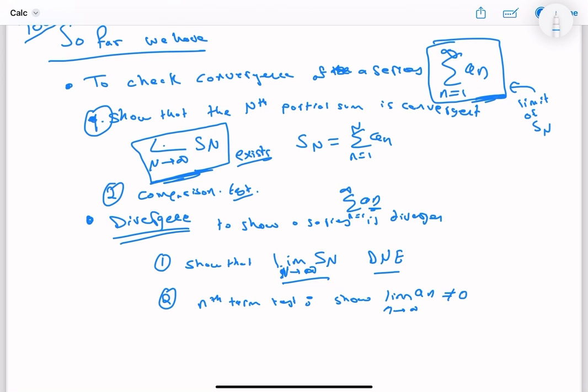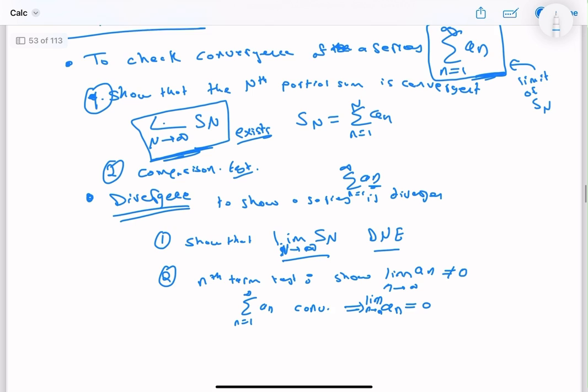The next tool we had for checking divergence was what we introduced in the last video, which is the nth term test. The nth term test says that if the series sum of an from n equals 1 to infinity is convergent, then the limit of the an as n tends to infinity must be 0.